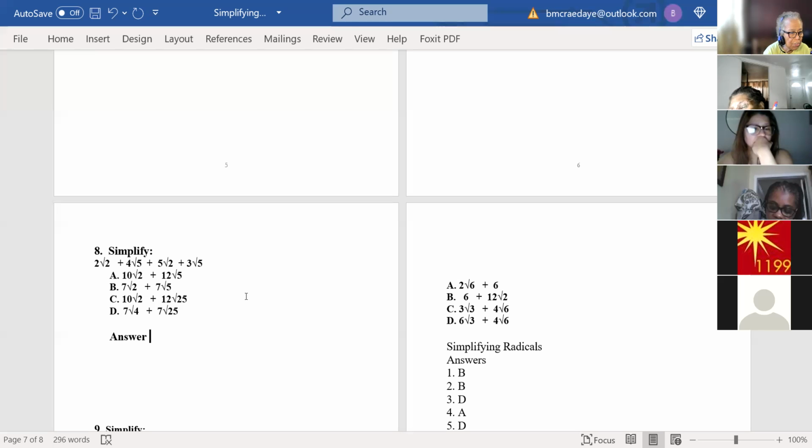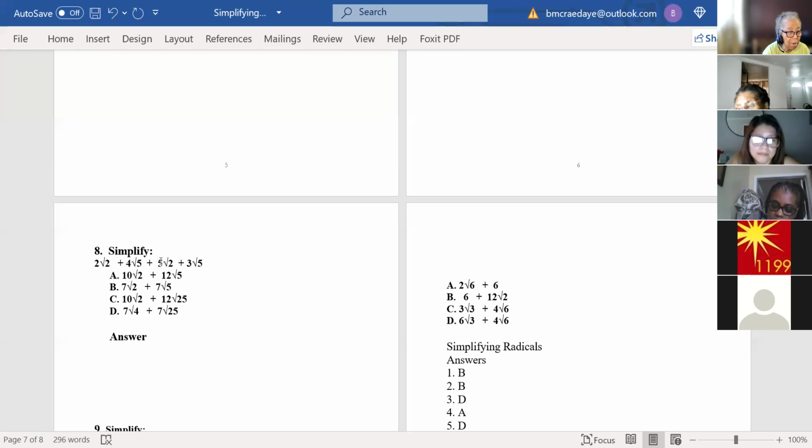Yeah, add the coefficients. So 2 plus what? 2 plus 4. No, this is square root of 2. Yes. Add those coefficients. What's 2 plus 5? That's 7. So that's going to be 7 times the square root of 2.